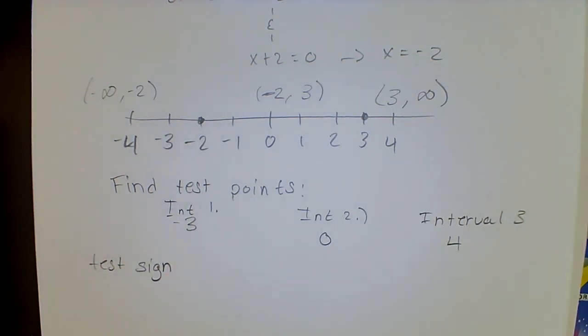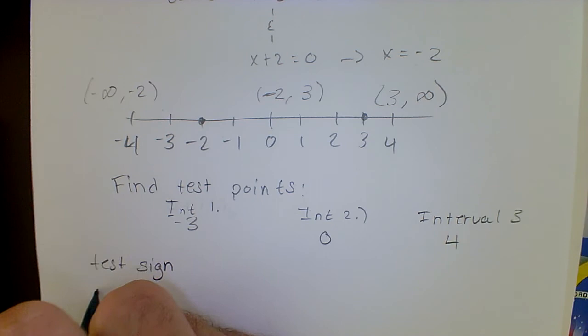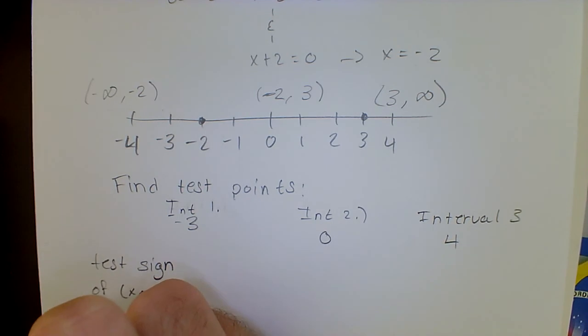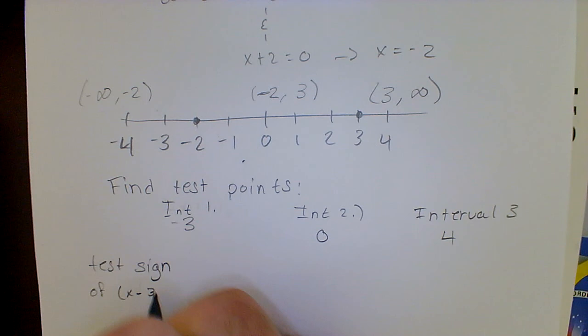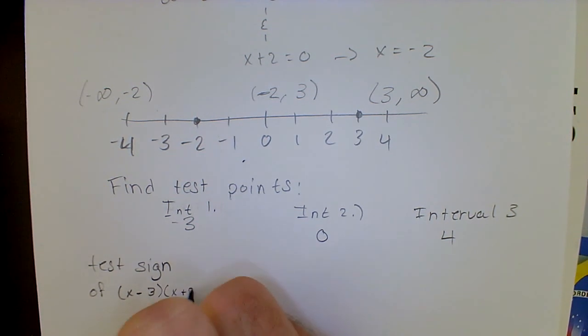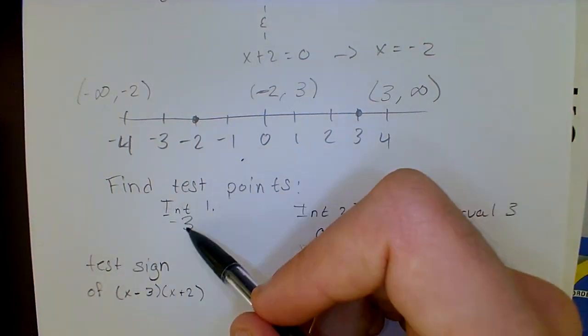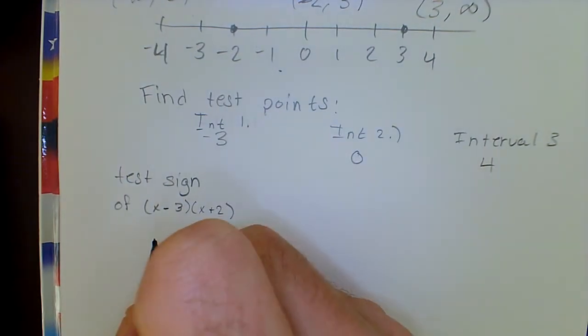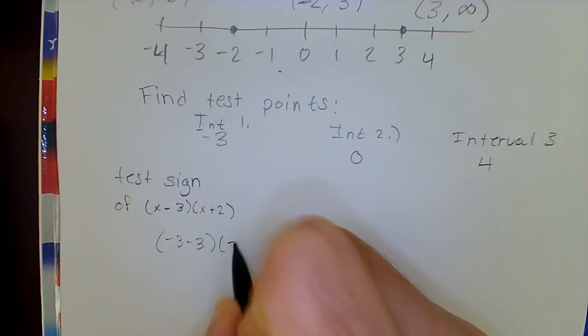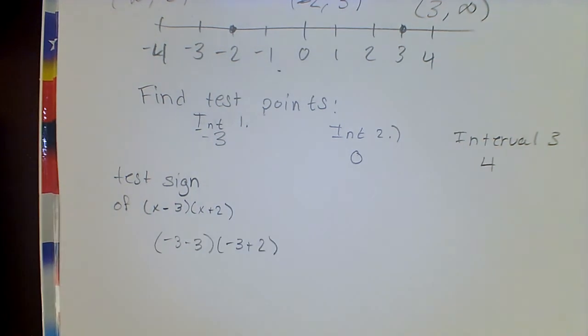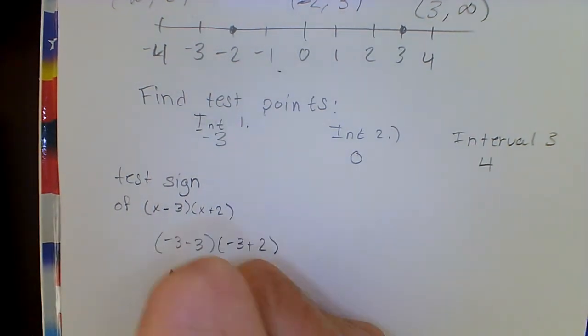Test the sign, which means positive or negative, of x minus 3 times x plus 2. If I plug a -3 in here, I get -3 minus 3 times -3 plus 2.